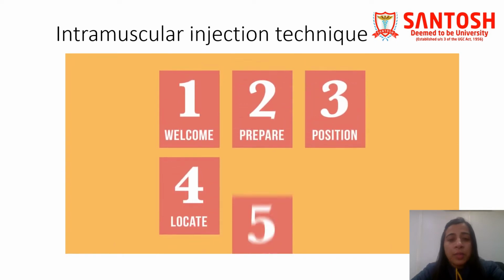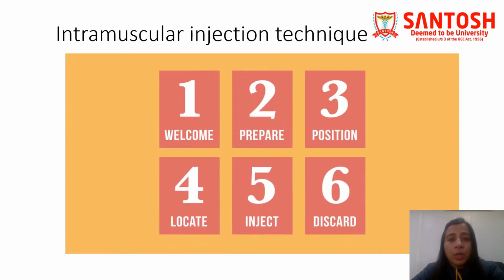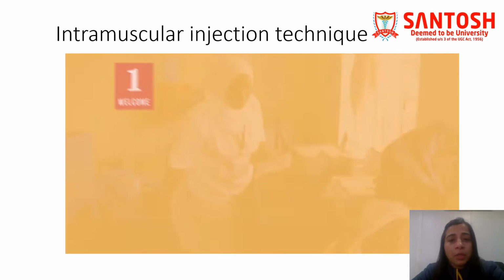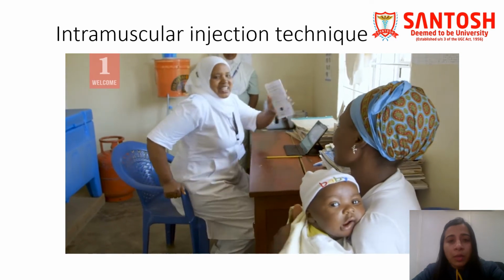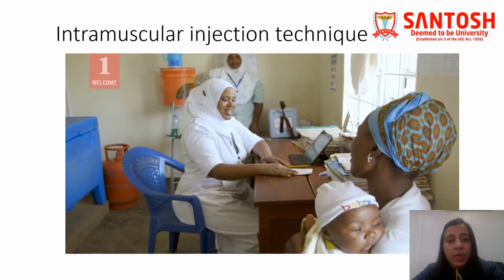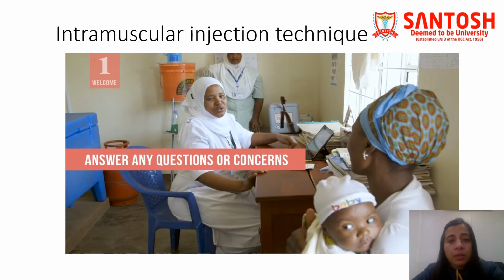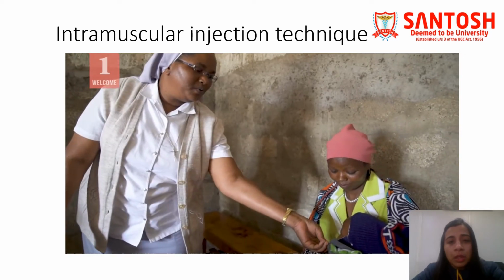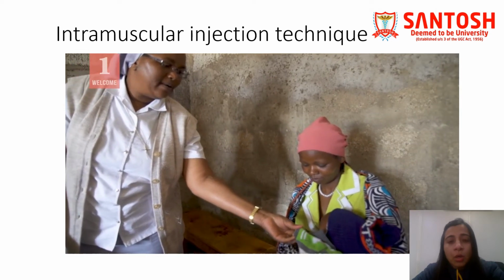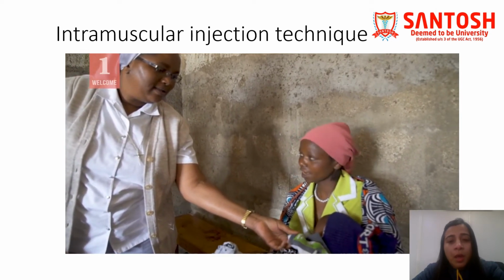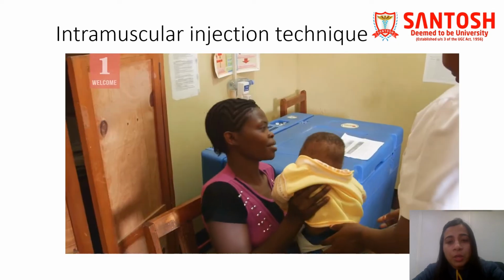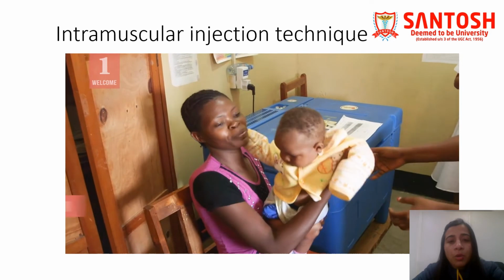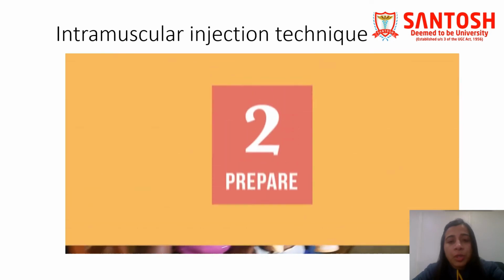So there are a few steps when you need to give an injection, and the first is to welcome the child and the mother or the caregiver, to make them feel comfortable and answer any of their questions or concerns. The way we talk to them will determine how they feel about immunization. It is important to explain to them what is about to happen and how they should position their baby.